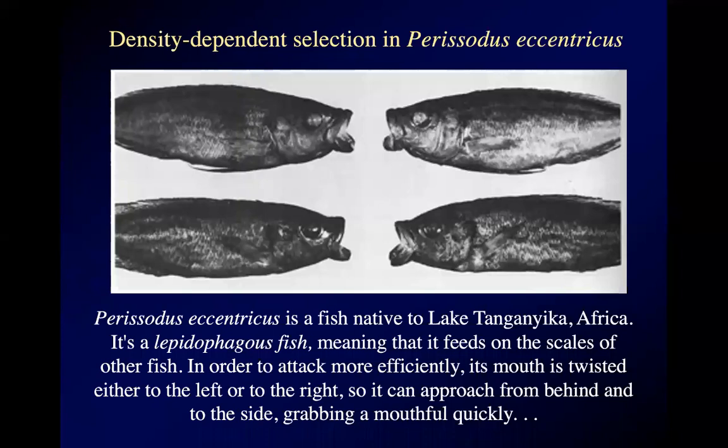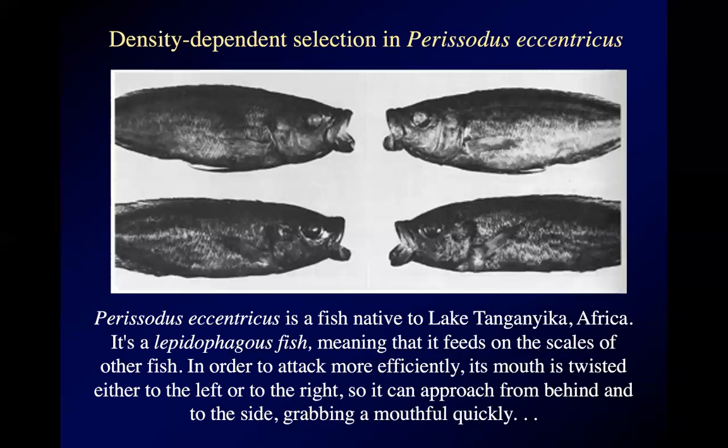This is a fish that will sneak up on another fish and take a mouthful of scales and swim off. This can be bad for the fish that gets bitten because infections can get in if there's a big wound. But the scales do eventually grow back. So this is not really a parasite, it's more of a micropredator. If you were in parasitology, you might remember that term.